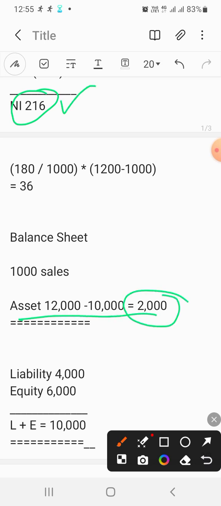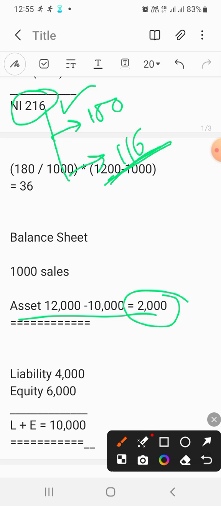When you have new net income 216, you are thinking, okay, I will pay a dividend of 100 here. That means I am giving a dividend to the shareholders, and that money is not in my hand right now, it is gone. So how much money do I still have? That is 116. This is the retention money.